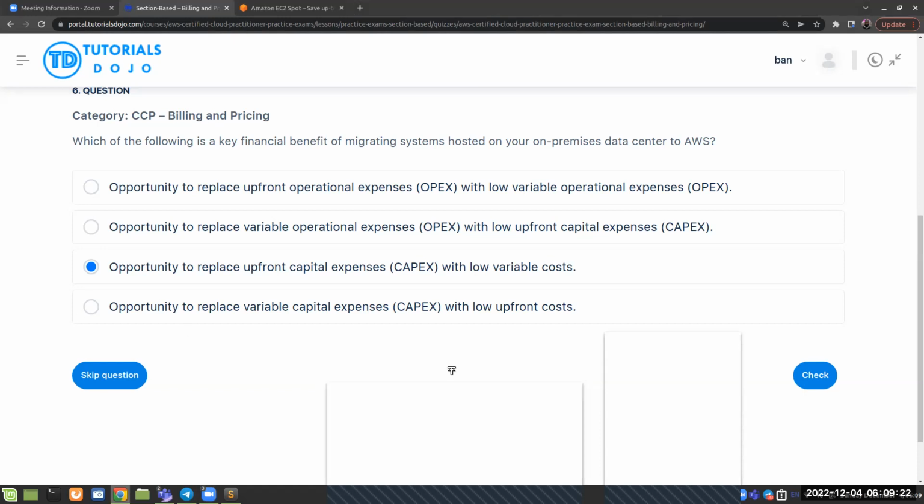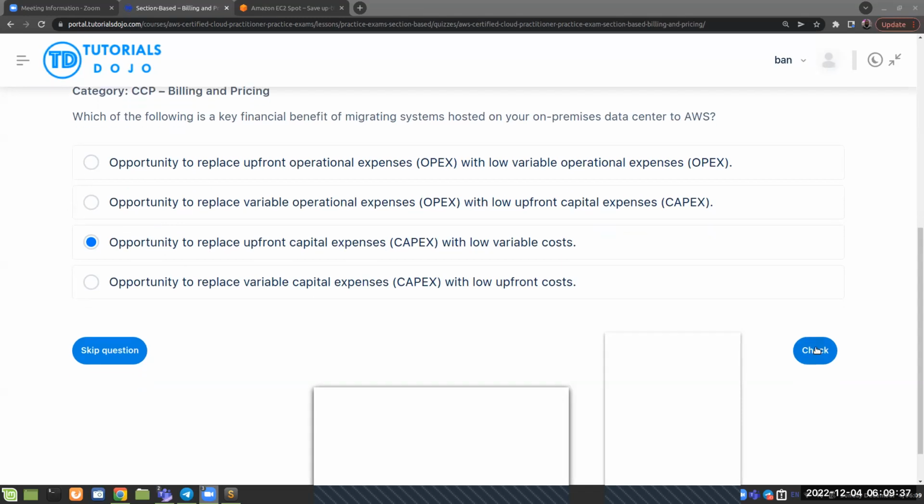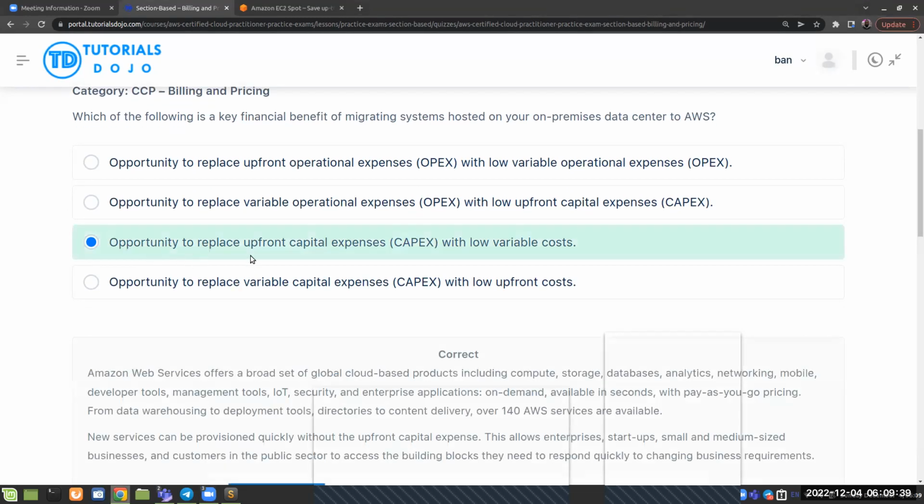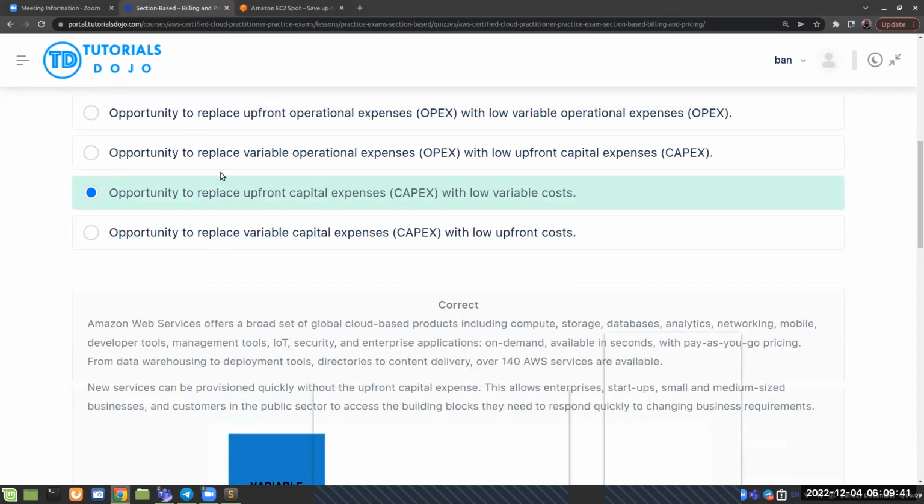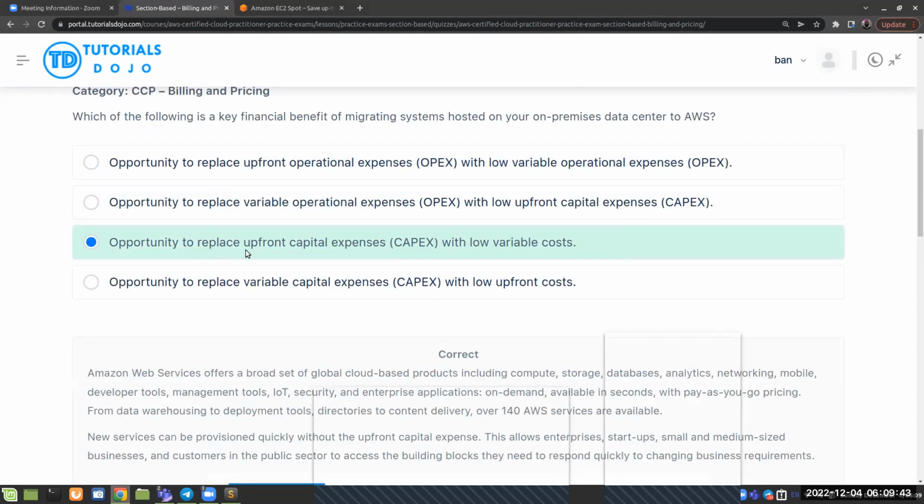So Leslie, you say B, but let's think of it again. You are migrating. We covered this in the introductory module, I think module 1. Let's check what the right answer is. The majority says C anyway. So when you move to AWS, you replace upfront capital expense with low variable cost.